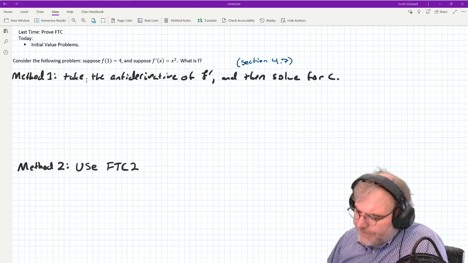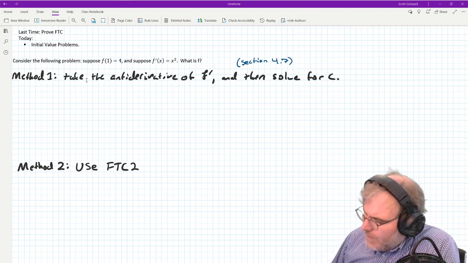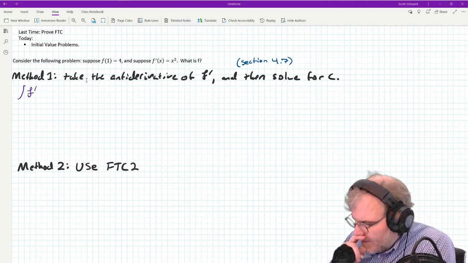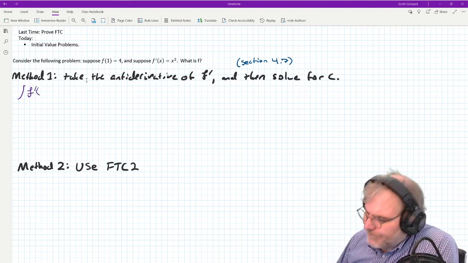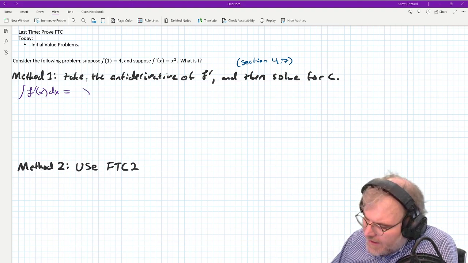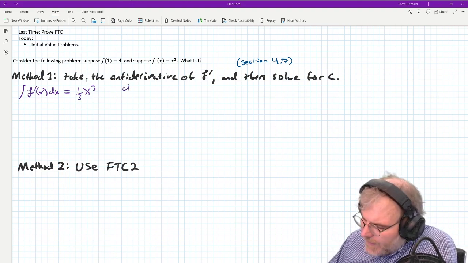So what do I do here? Well, I take the integral of f prime, the indefinite integral, and what do I get? Well, let's see, it's x cubed, and then 1/3 that, and then I take the derivative of that. So I wind up with this plus c.